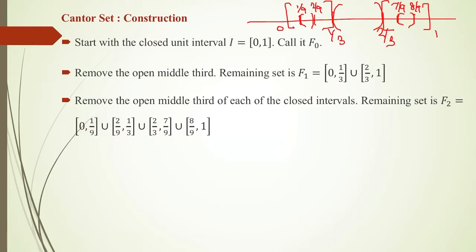Again, divide each of these 4 closed intervals into 3 equal parts and remove the open middle third.